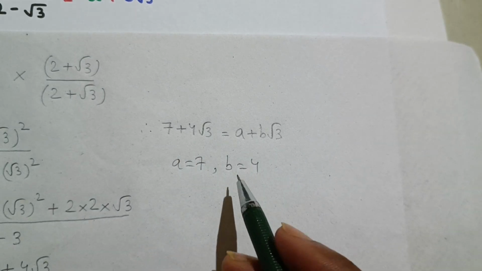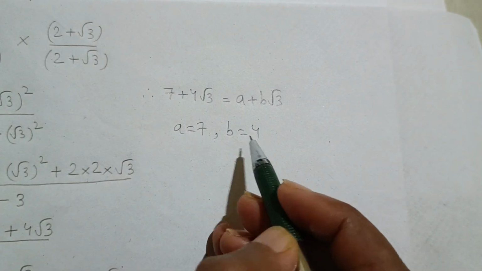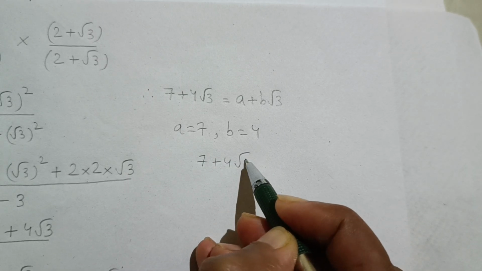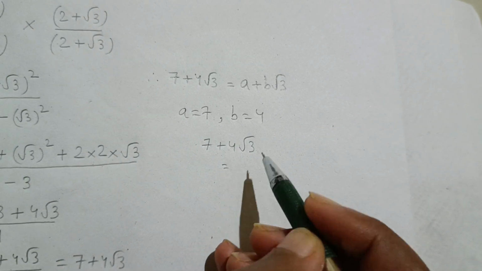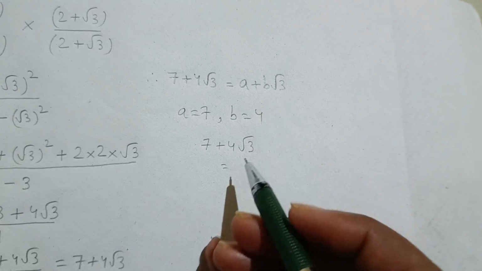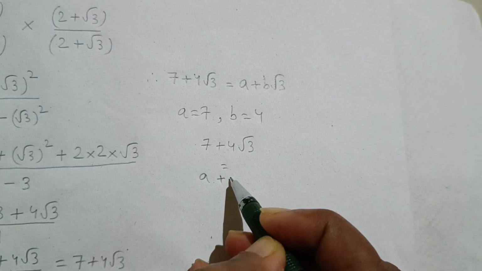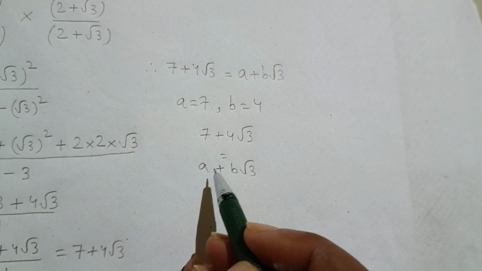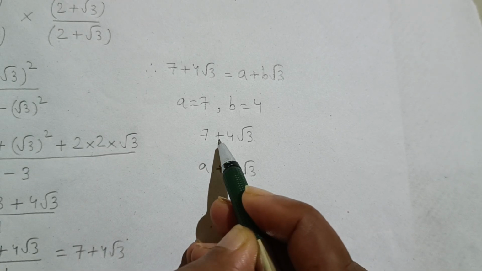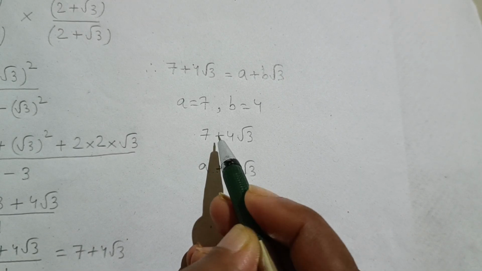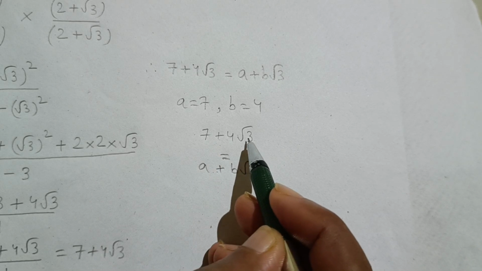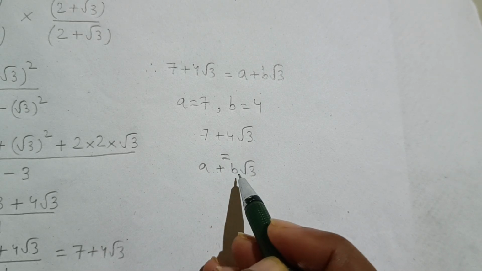If you have not understood, let me explain how I got this. I have 7 plus 4 square root of 3 equal to a plus b square root of 3. You can just compare. The plus sign and the plus sign superimpose on each other. The square root of 3 and the square root of 3 superimpose on each other.